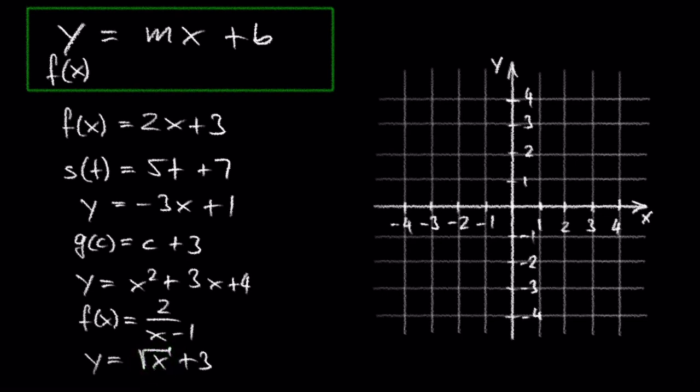So again, linear functions are only those kinds of functions which can be written in the form y or f of x equals mx plus b. We call this form of a linear function the slope-intercept form.